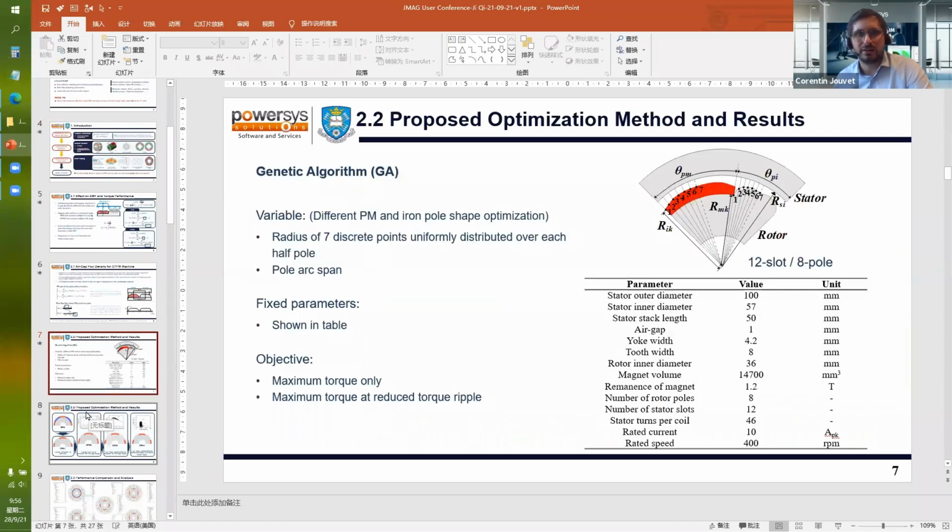Yeah, in GMAG you have parametric optimization and topology optimization. I think the genetic algorithm is part of the parametric optimization. You could check the topology optimization to have a different shape, or use GMAG to find some different shape. Yes, I think all of these optimization methods can be utilized here.